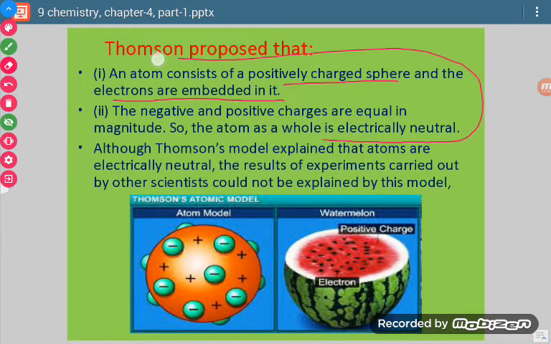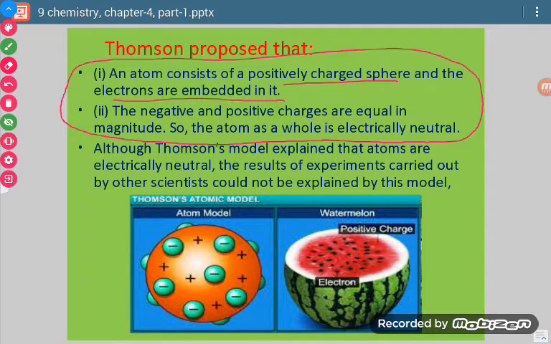So these two points are of Thomson's model of an atom.